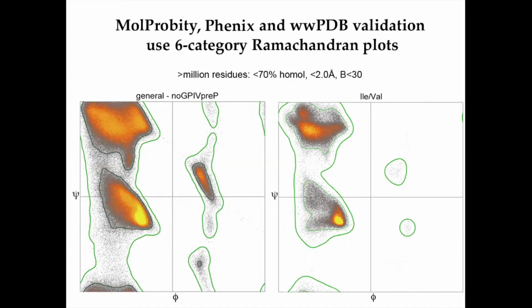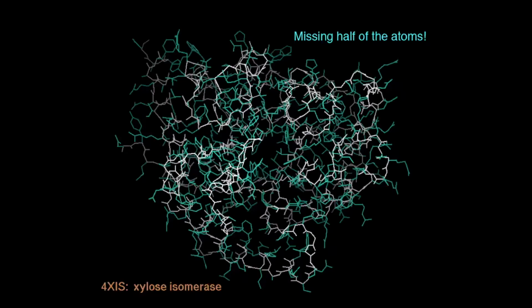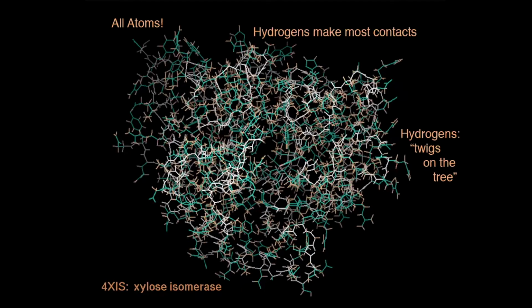So our starting point is that most structural models are missing half their atoms. Those are the hydrogens. And they're also what makes all of the contacts, or about 75% of the contacts in a protein and a little less in nucleic acids, have hydrogens on one side or the other.